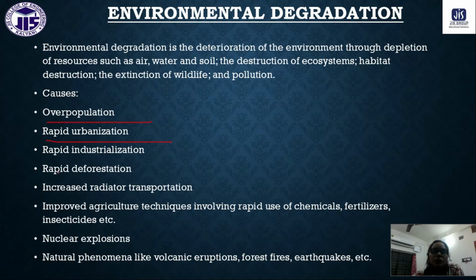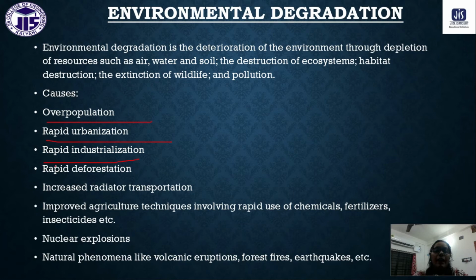Then rapid industrialization: with so many industries and factories, poisonous gases and poisonous chemicals are mixing into the environment, which is regularly polluting the environment.